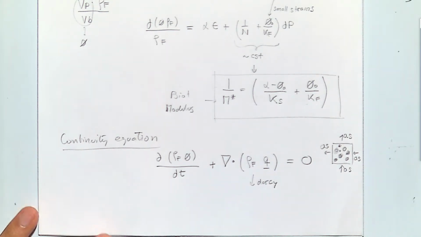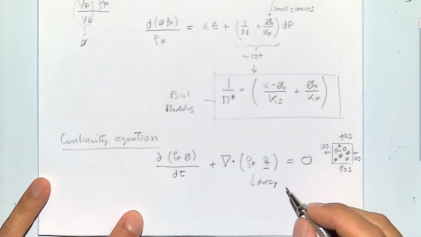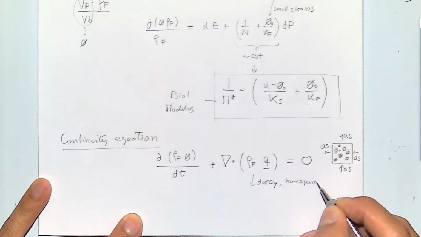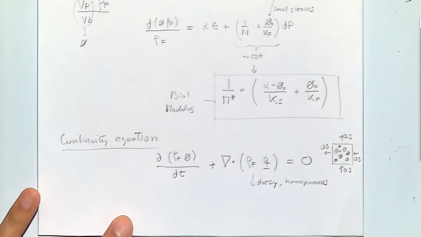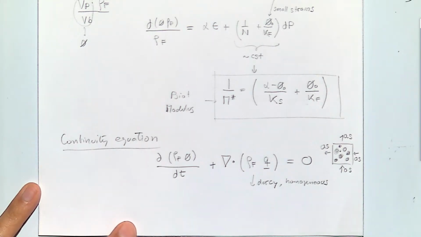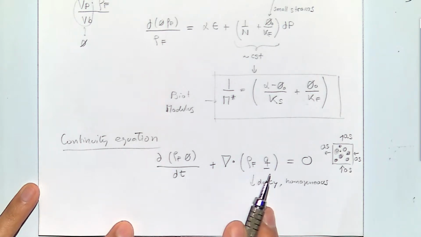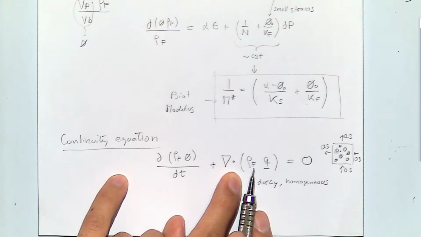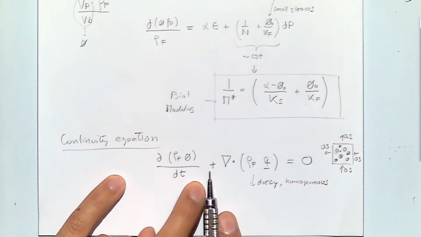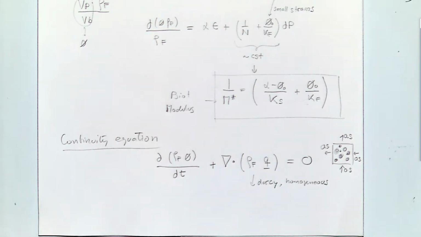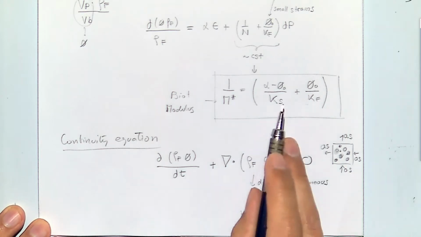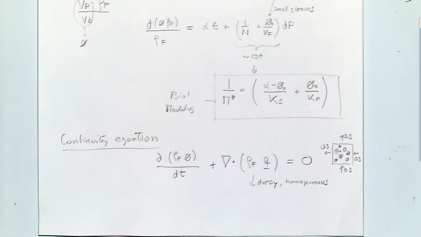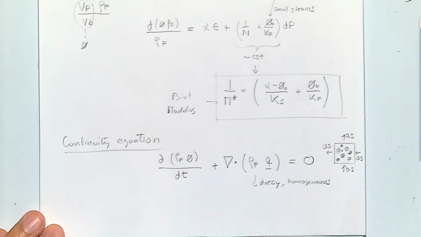That's when pressure is going to come into the picture. We're also going to assume a homogeneous porous solid, and that means that I'm going to be able to take the permeability inside the parentheses outside the gradient. And when I put these equations together and I assume Darcy, what we get is the following equation.